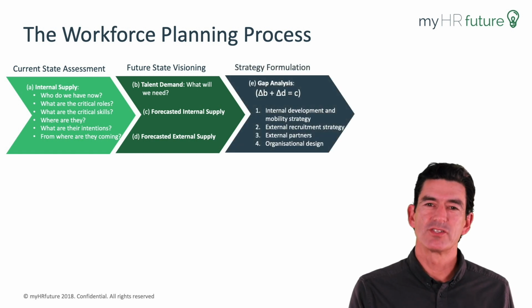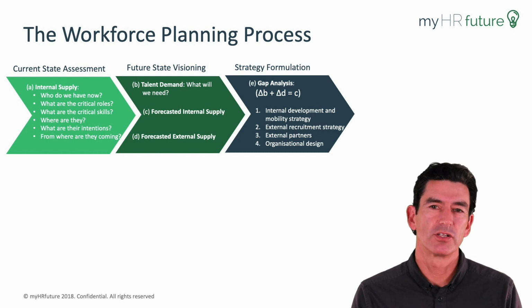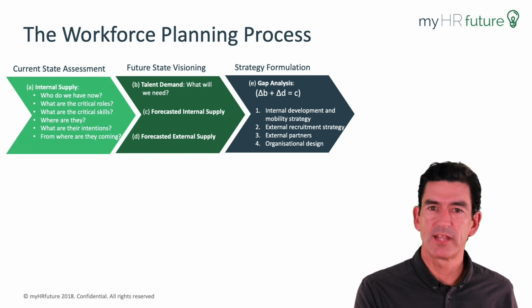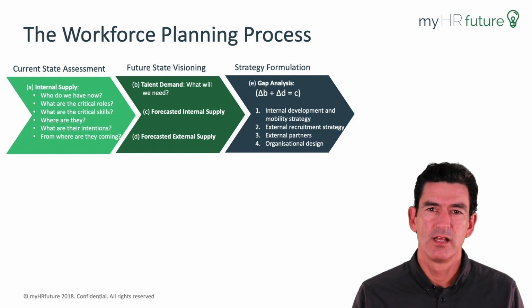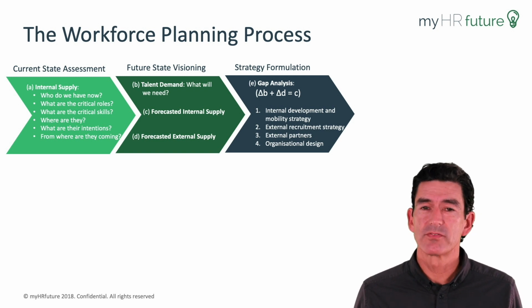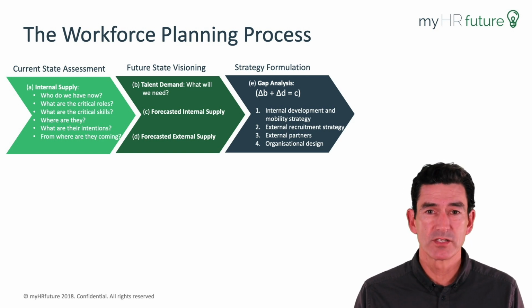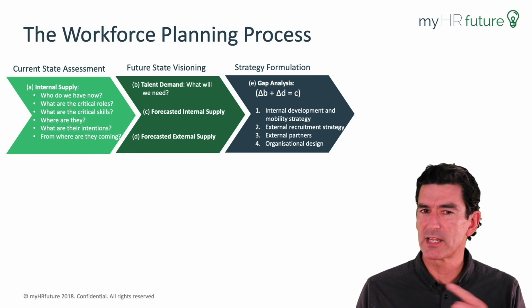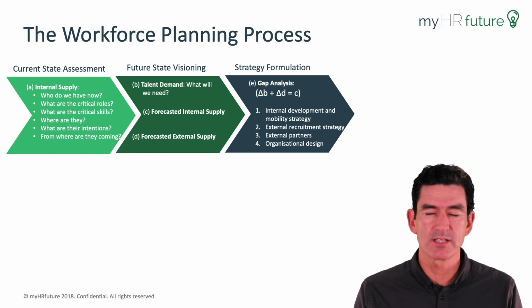Now that we have a good understanding of who is in our workforce, and we have a good understanding of the talent demand given the work that needs to be done, and we've audited our internal and external supplies of talent, now we can do a gap analysis and do some scenario planning as well. We do this for 4 specific purposes, and certainly there are other purposes, but there are 4 main reasons we're doing workforce planning and things that we should explore in the gap analysis point in this process.